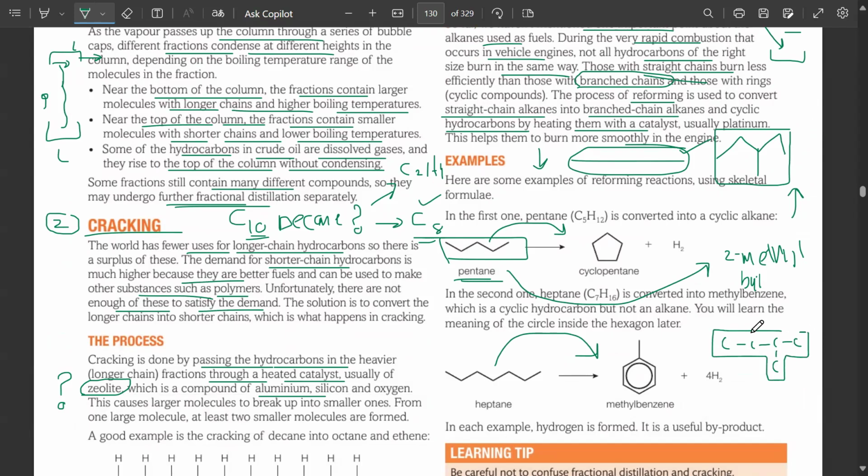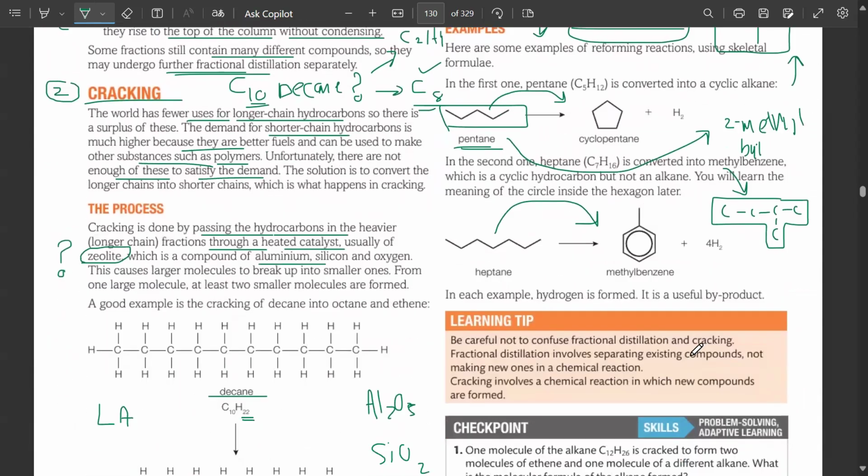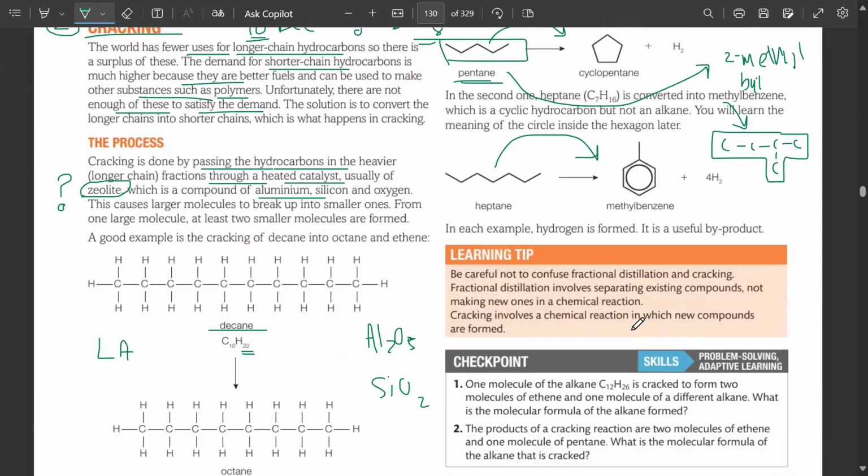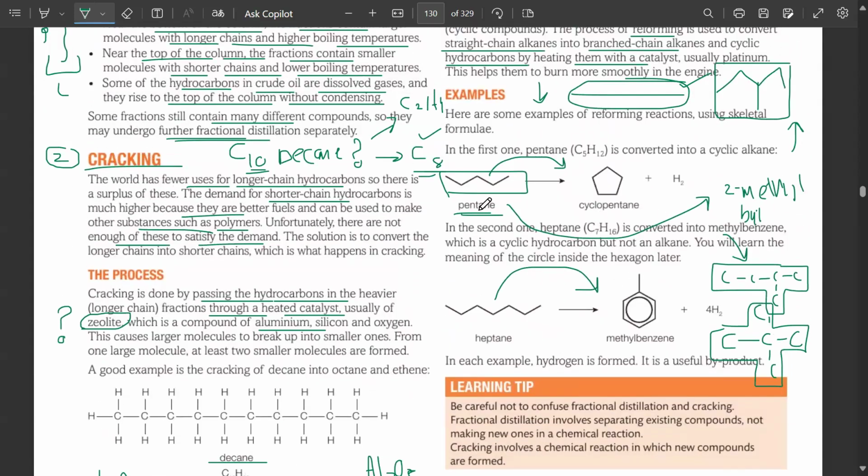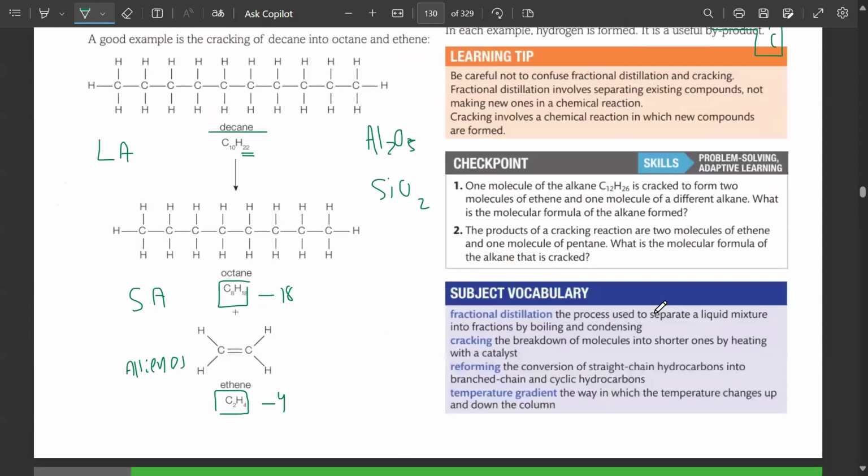The 5 carbon has been converted into 2-methyl butane, or I can make it 2,2-dimethyl propane as well, like this. Main chain is propane, 2,2-dimethyl. This is also pentane, right? And it can also be converted into a cyclic. So pentane being converted into 2-methyl butane or 2,2-dimethyl propane. This is all reforming. Got it?